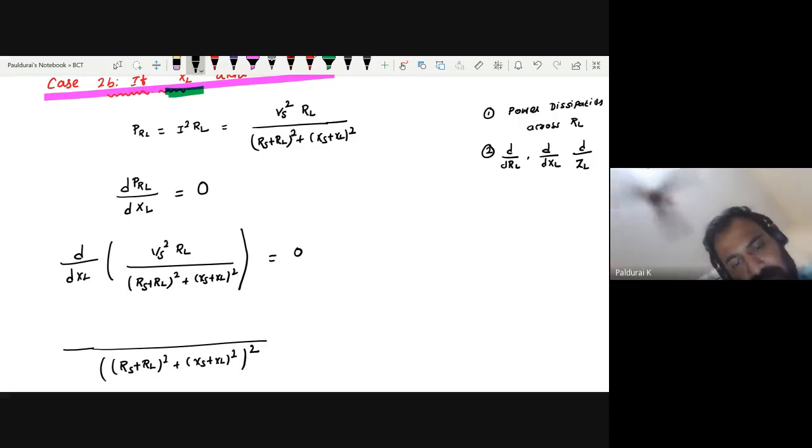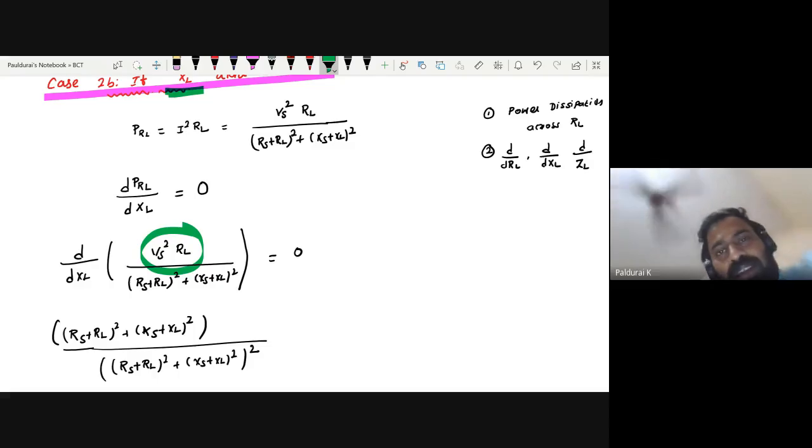We keep the denominator as it is, times the differentiation of Vs squared RL with respect to XL. Then we keep Vs squared RL as it is.